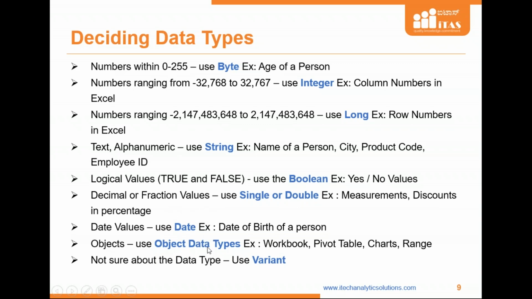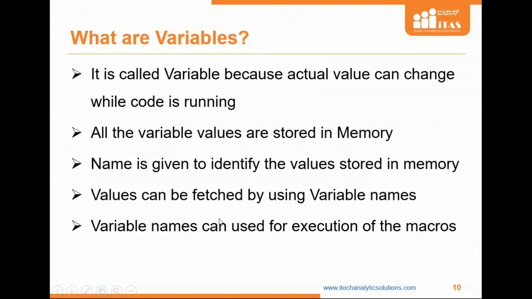Then I also spoke about object data types. When you're working on workbook or charts or range or pivot table, anything that is an object, then I can use the object data type. Then I told you, if you're not sure about the data type, then you can go for variant.